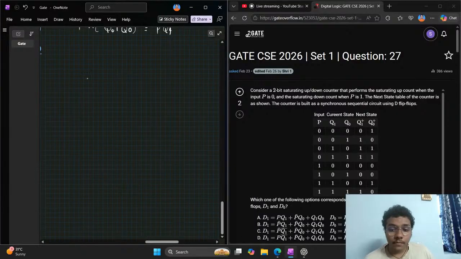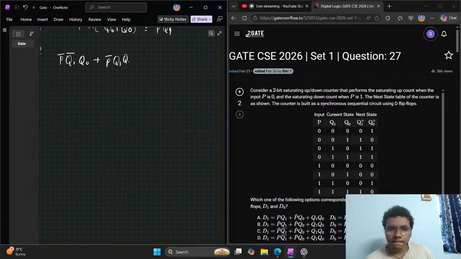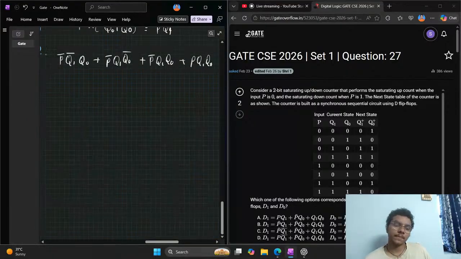So this is P dash Q1 dash Q naught plus P dash Q1 Q naught dash plus P dash Q1 Q naught plus P Q1 Q naught. These are the four expressions that we want for the D1, right?